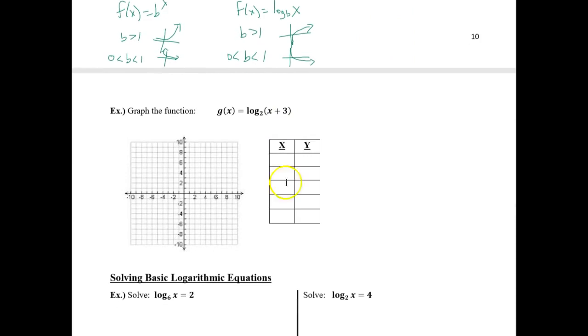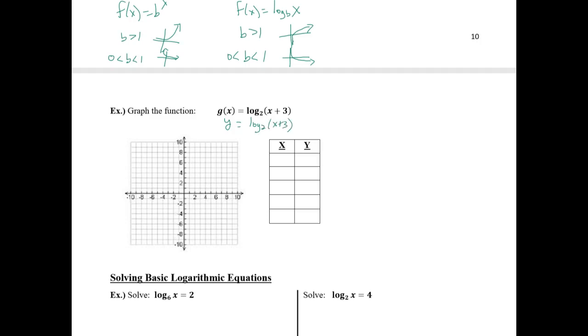So let's look at one that does have a shift here. If you look at this, we have a value inside with the x. Based on previous examples, you might guess which way this is going to shift. Let's go ahead and try it. So again, I'm going to replace this with y equals log base 2 of x plus 3.